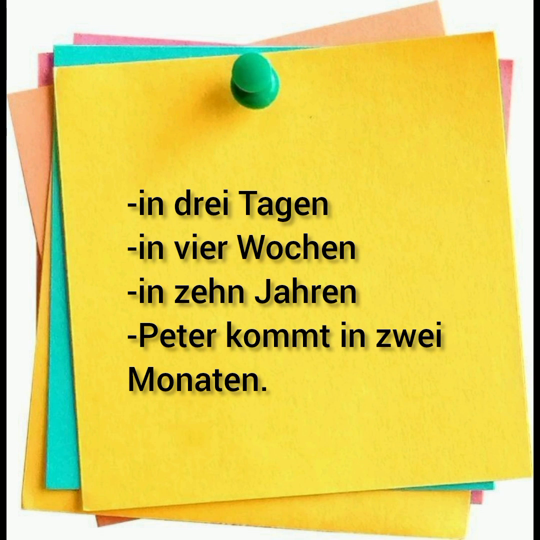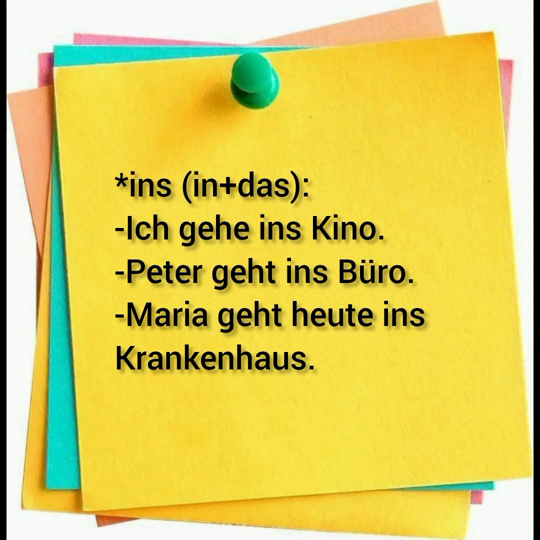You could say, Ich komme in 3 Tagen. I am coming in 3 days. Some more examples: in 4 Wochen, in 4 weeks, in 10 Jahren, in 10 years. Another example is Peter kommt in 2 Monaten. Peter is coming in 2 months. So this in can be used in terms of time to show something that will happen in the future.